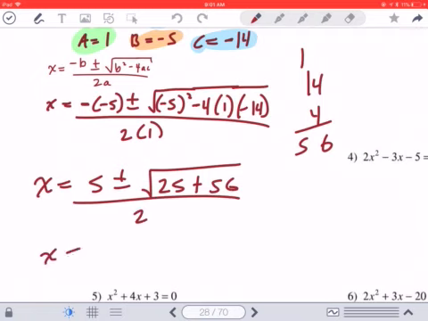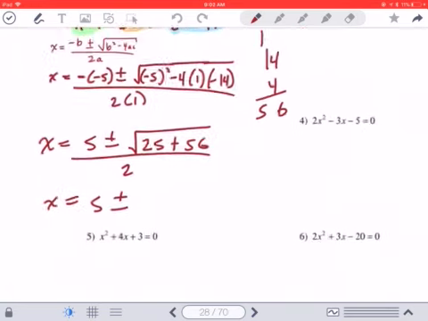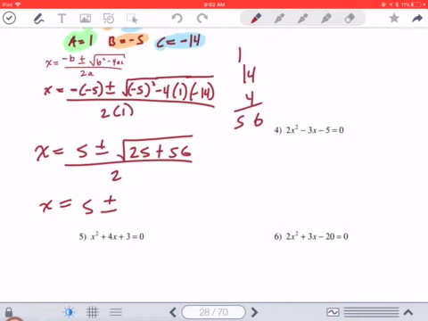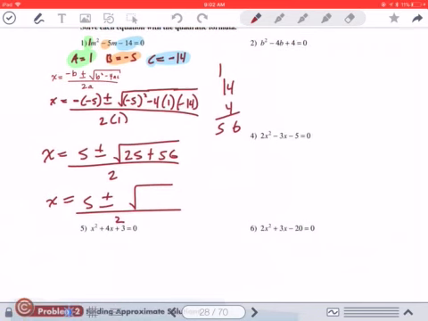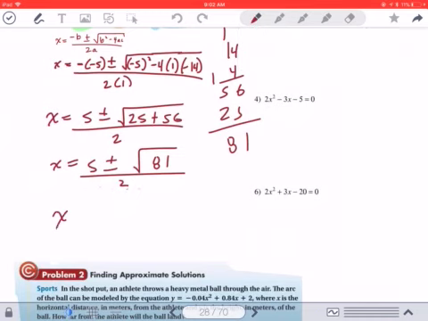And I'm just going to keep going step by step. So I have 5 plus or minus 25 and 56. So I'll add those together and see if that's something I can take the square root of. Okay, so we can just keep adding here. And I get 81. Okay, so I have 5 plus or minus 9 divided by 2.